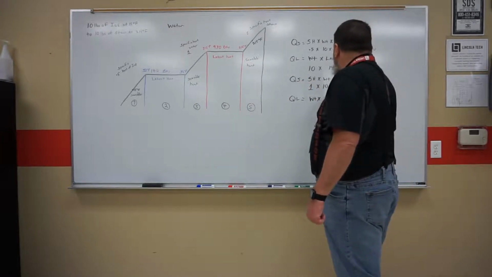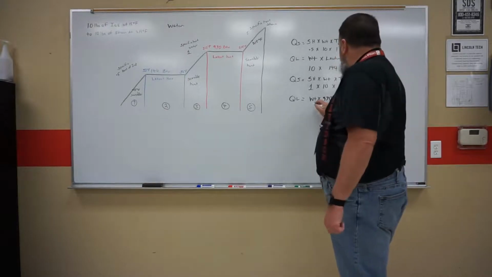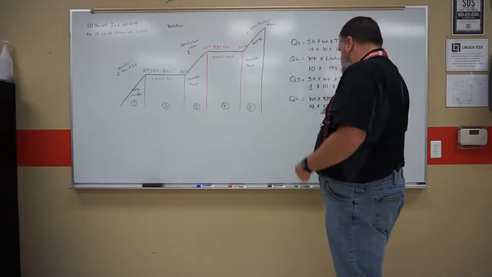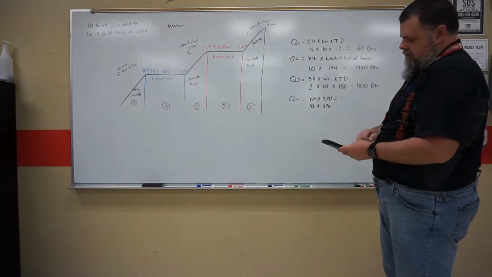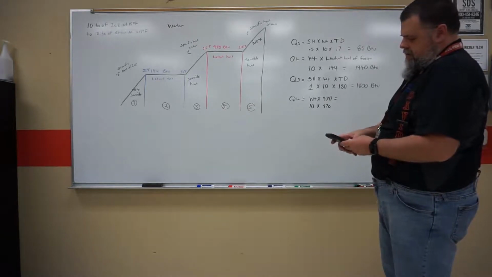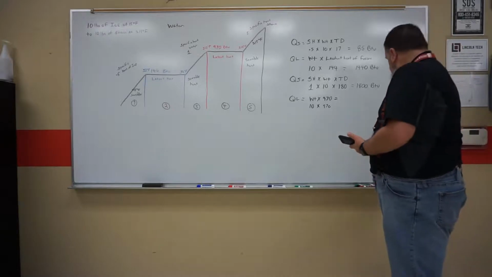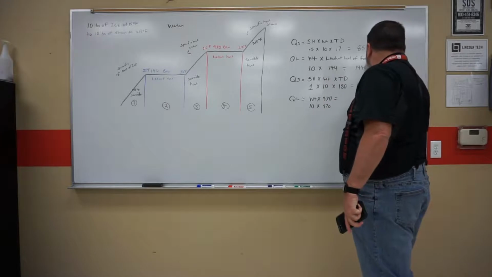Weight times 970. The weight was 10, so that'll be 10 times 970. That should give us 9,700 BTUs.